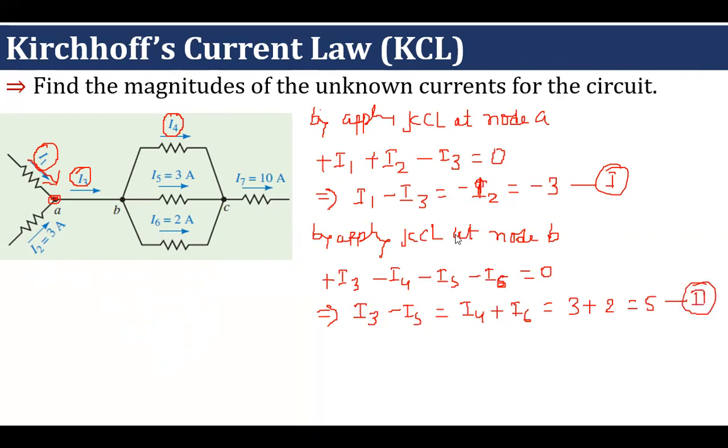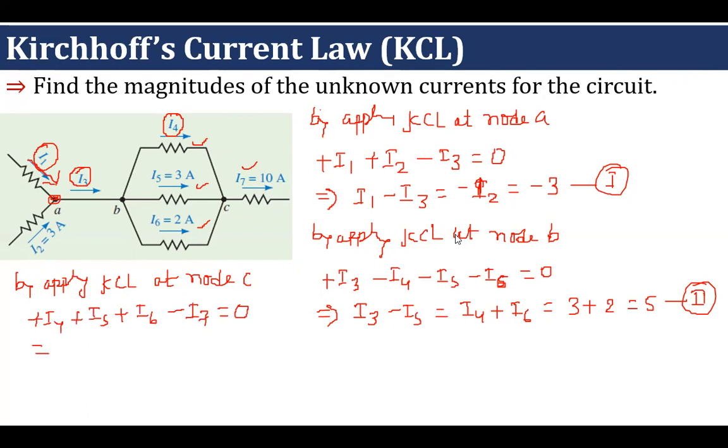Now by applying KCL at node C, what can we write? I4, I5 and I6 are incoming currents, and I7 is the outgoing current. So I can write I4 plus I5 plus I6 minus I7, which is outgoing current so it has a negative sign, equal to 0.